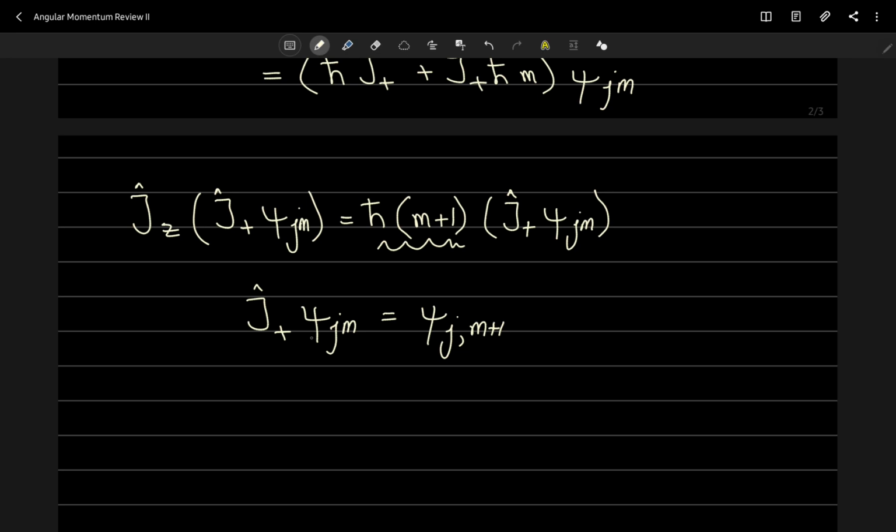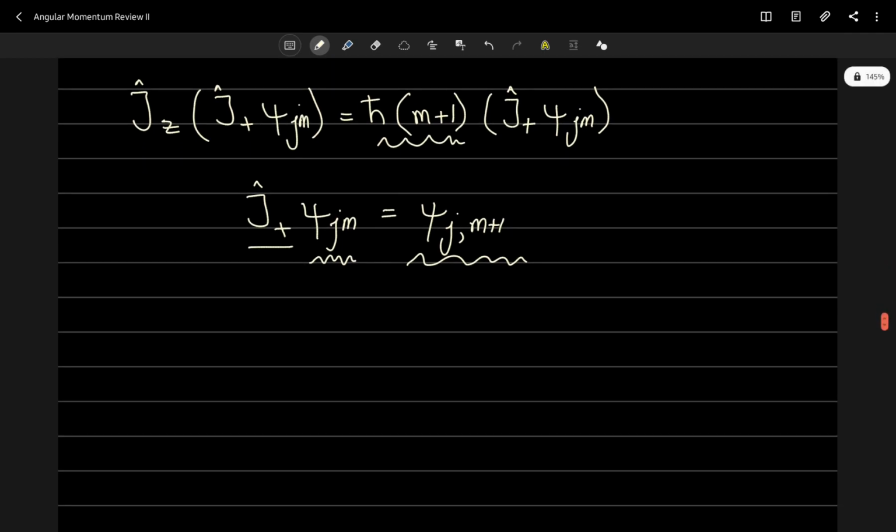If you take psi jm and act on it with j plus, it gives you back psi j m plus 1, so it adds one to your quantum number m. We could see what would happen if I apply j plus once more, so I would have j plus on j plus psi jm.